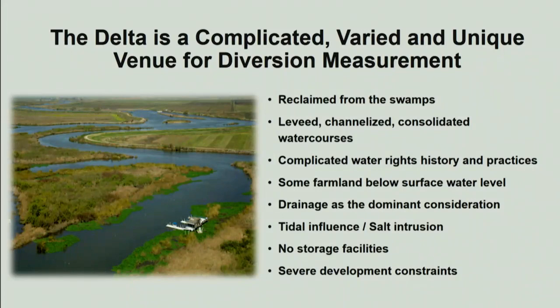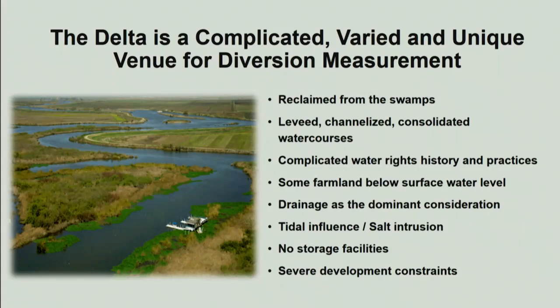In addition, much of the farmland, particularly in the central and western part of the Delta, is actually below the surrounding water level. So that creates both some opportunities and some problems associated with managing that landmass, because as you were going in to drain the swamp and turn it into farmland, the dominant concern that you had was for drainage, not pumping water for irrigation purposes.